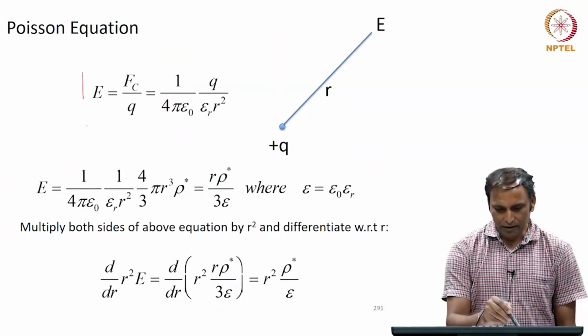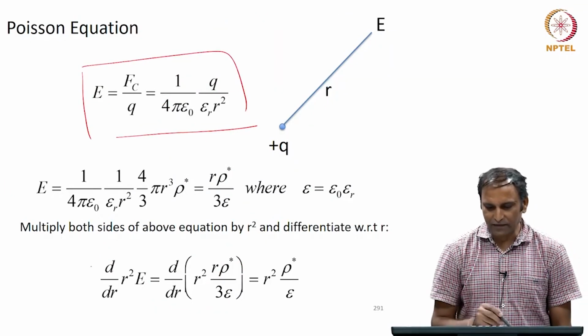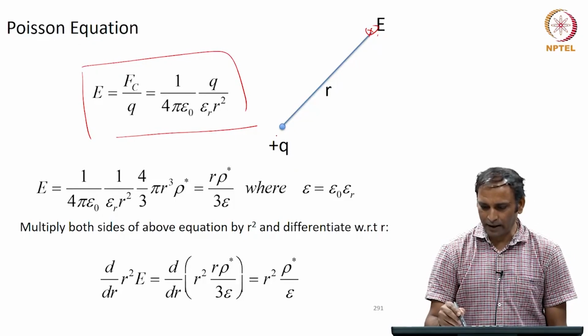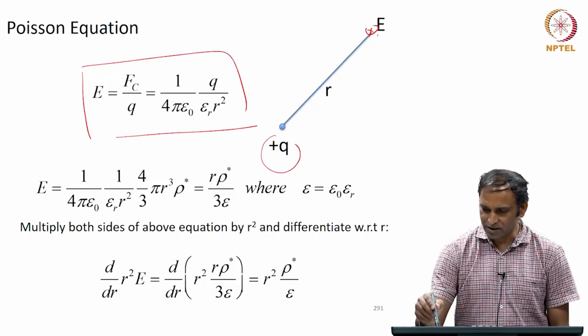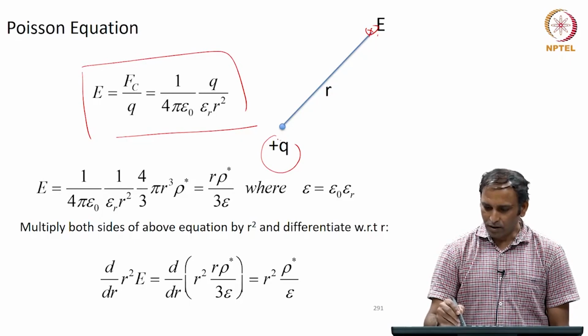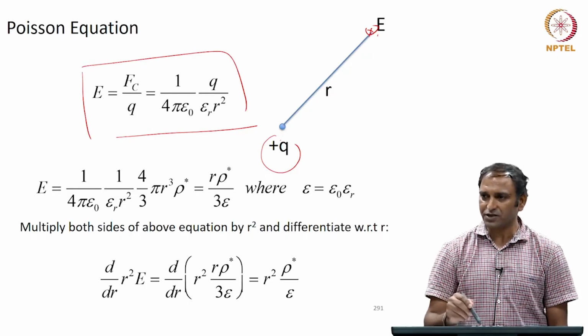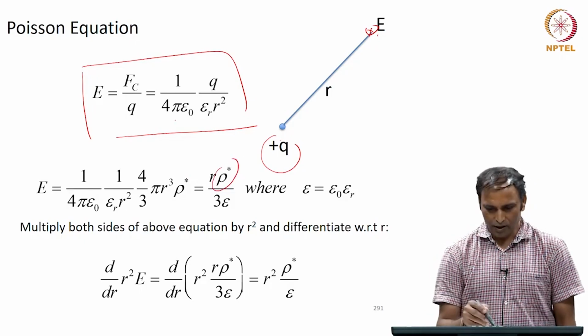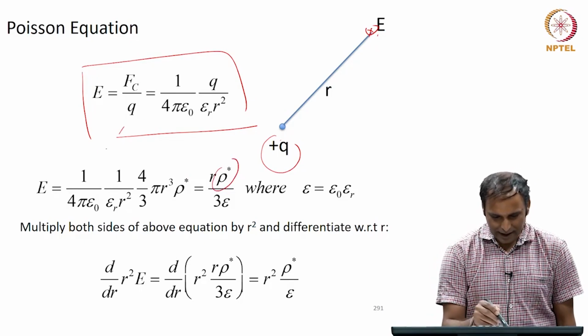Now that we have this, that is the electric field generated at some distance r from a distribution of charges which has a charge density rho star. So, what we can do is take this expression.